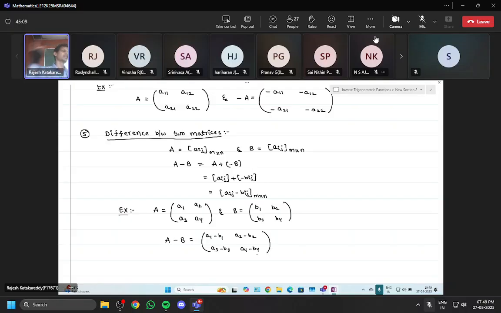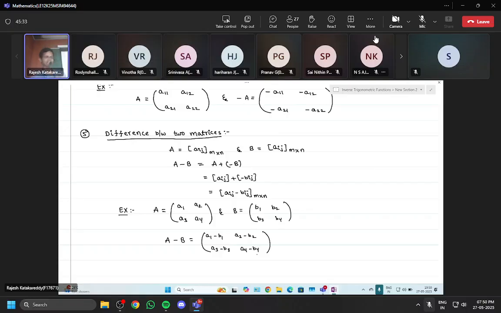Clear? Now in case of matrix multiplication, let A and B be two matrices. The product between A and B is defined only if the number of columns in matrix A should be equal to number of rows in matrix B. Did I say correctly, guys? I didn't interchange, right? Okay. Then we will write that.